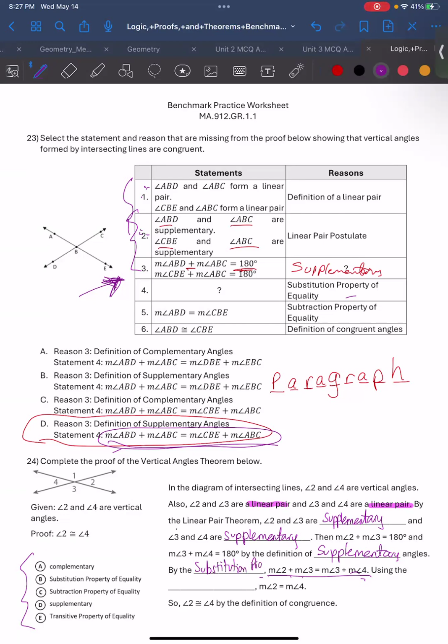Not the transitive property, because look, what do both sides of the equal sign have in common? Angle 3. So if I were actually solving this problem algebraically, what would I do?